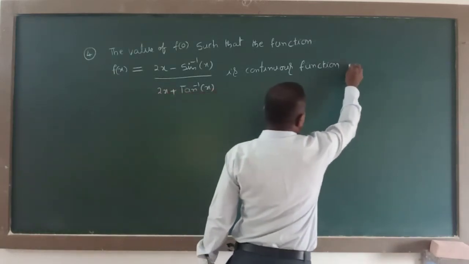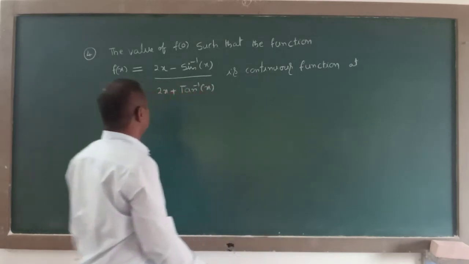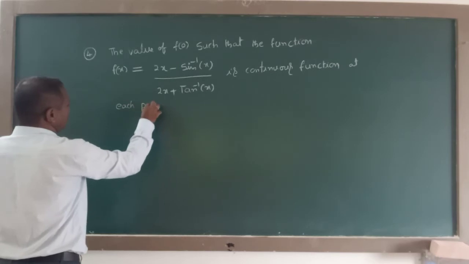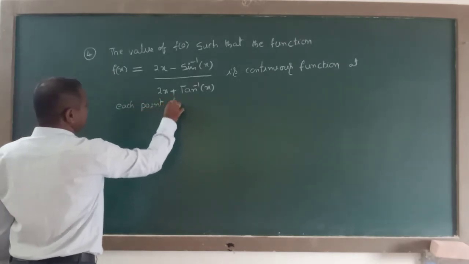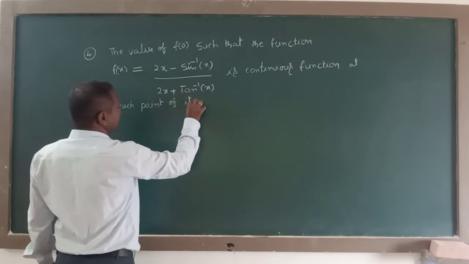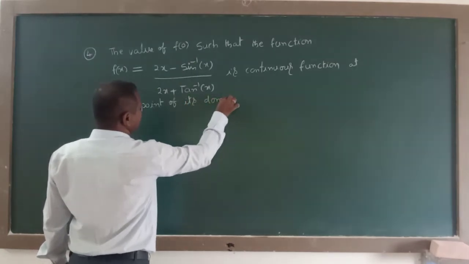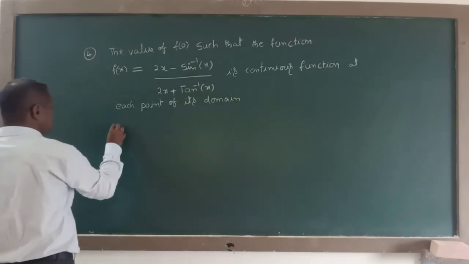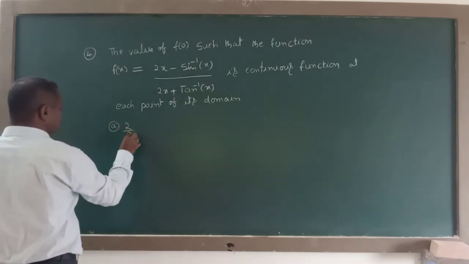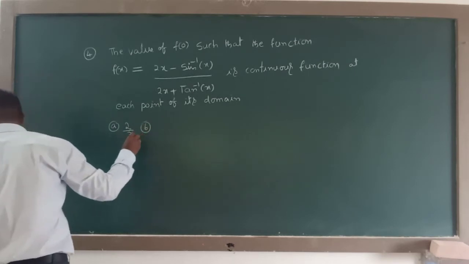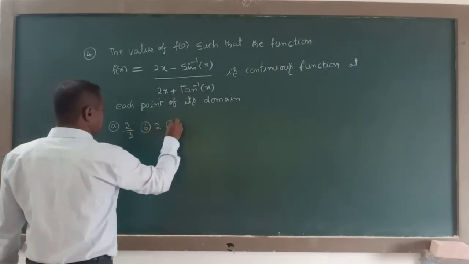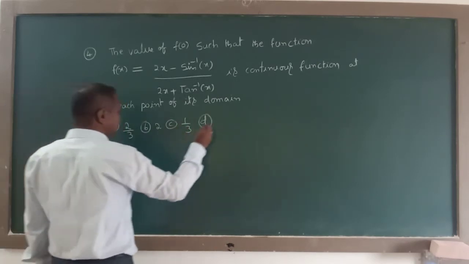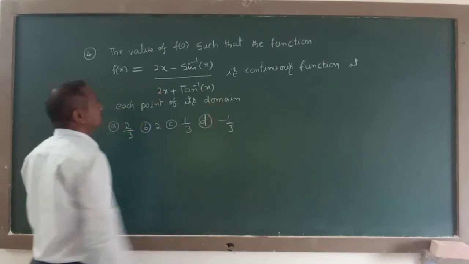The options given are A, 2 by 3; B, 2; C, 1 by 3; and the last option D, minus 1 by 3.